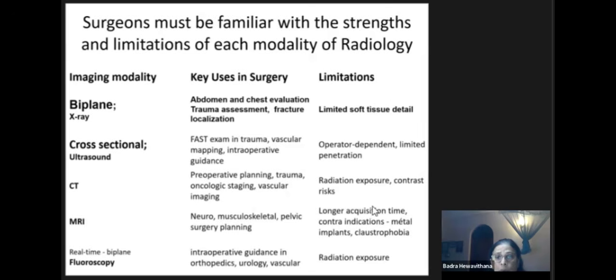The drawbacks are the long acquisition time and contraindications such as metal implants and claustrophobia. And of course, we can't forget real-time biplane fluoroscopy. It gives intraoperative guidance in orthopedics, urology, and vascular, and there are many more applications. The drawback is the long duration of radiation exposure.